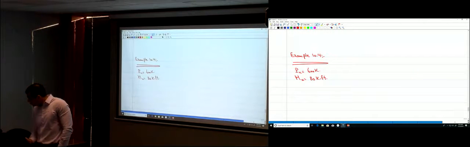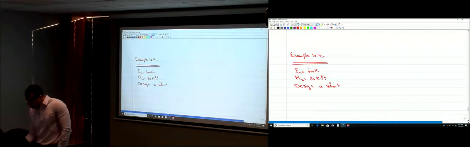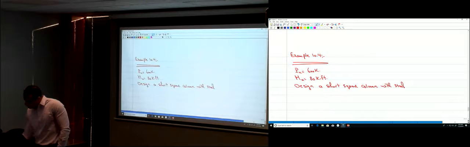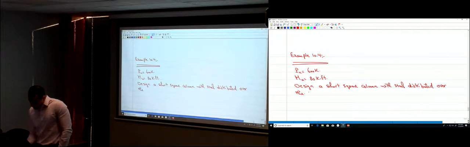And we're required to design a short square column with steel distributed over the 4 faces of the column.